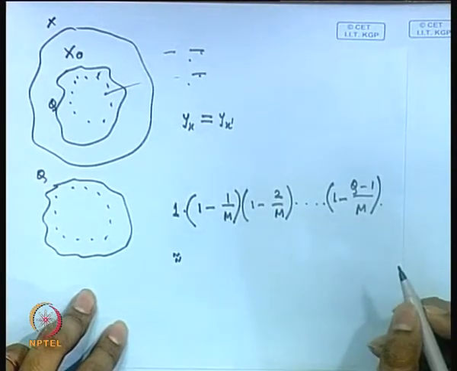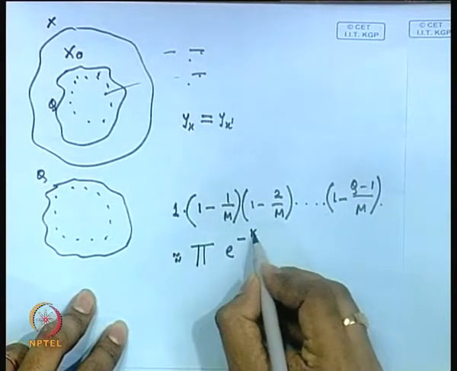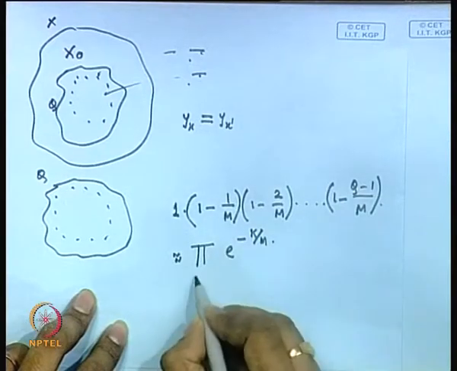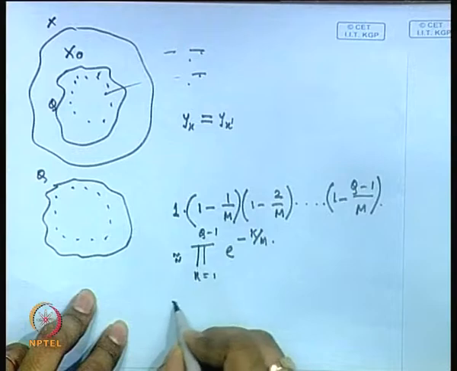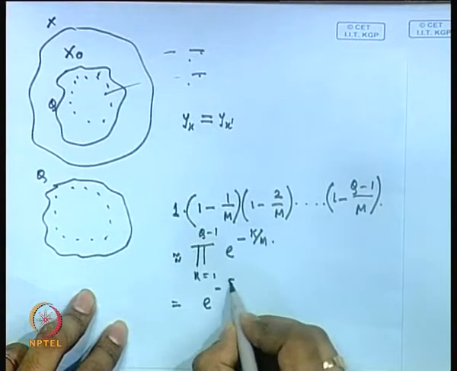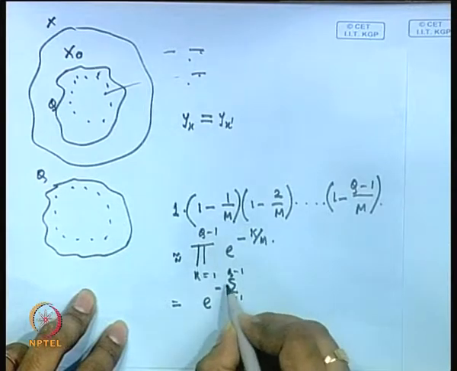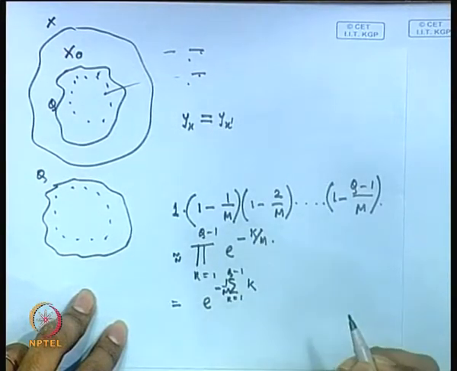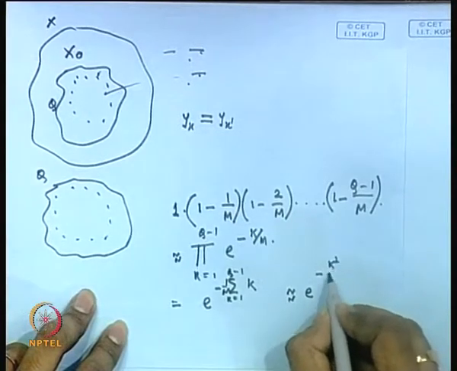So you can actually approximate this by a value, say e to the power of minus k by m, where k runs from 1 to q minus 1, right? And then you can write this as e to the power of minus sigma k equal to 1 to q minus 1, with m here and k here. So you see that it is roughly equal to e to the power of minus q square by m.